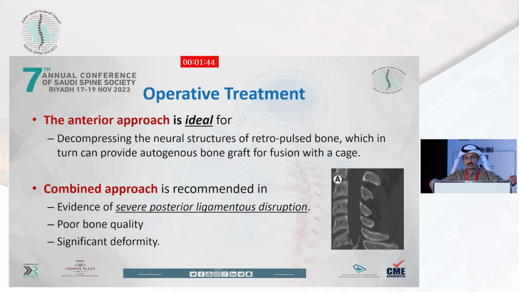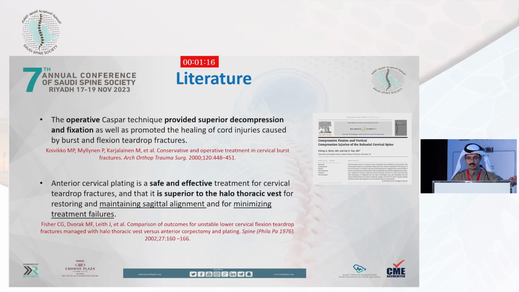For operative treatment, the anterior approach is ideal. It gives you the chance to decompress the neuronal structure and to provide a fusion at the same setting from the same approach. A combined approach is recommended if there is any severe posterior ligamentous disruption, poor bone quality, or significant deformity.